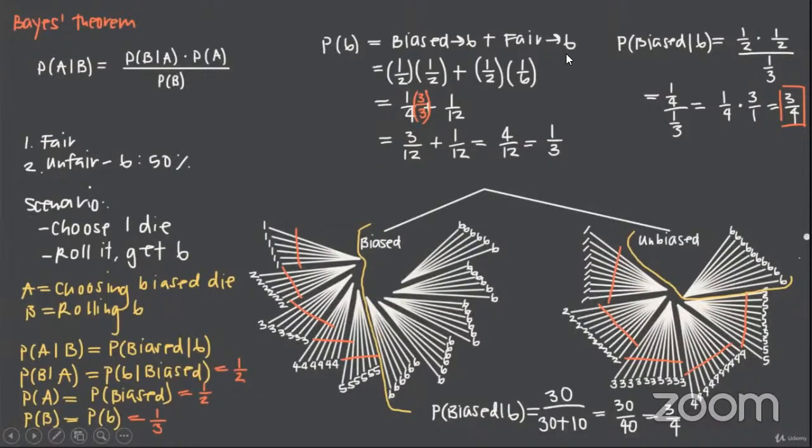Now, let's see how exactly we get P of B. P of B means P of 6. We have to get the probability of getting 6. Now, if you happen to see this, probability of 6 can happen in both biased and unbiased.